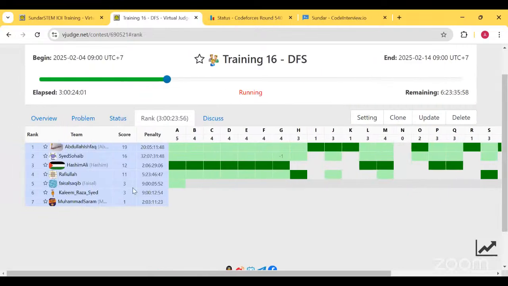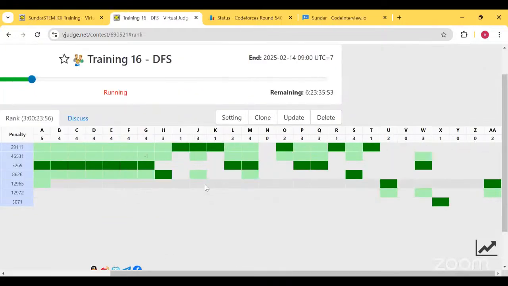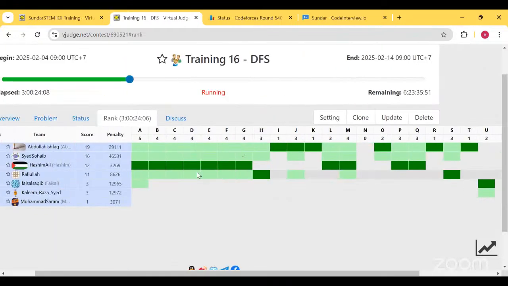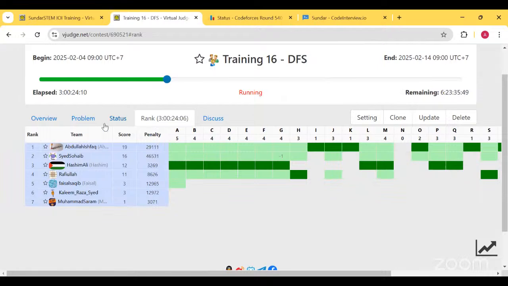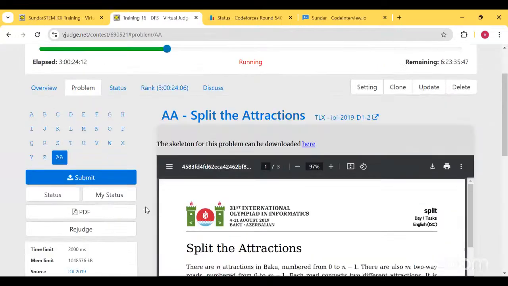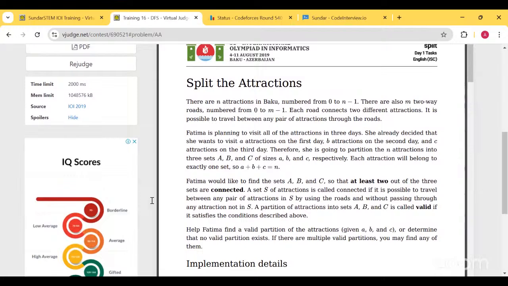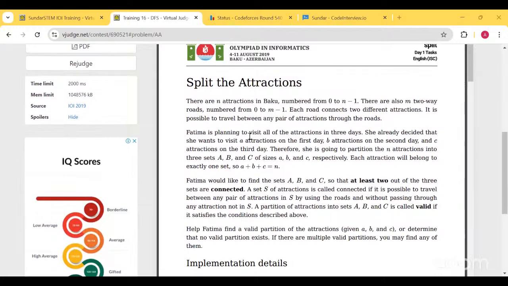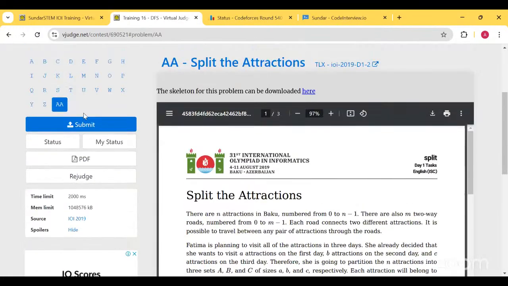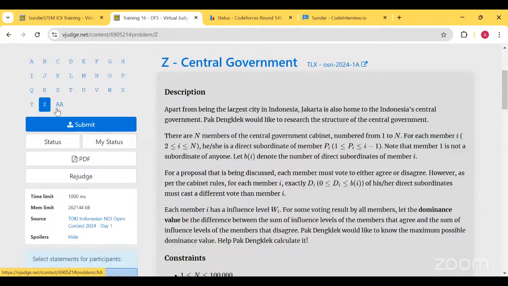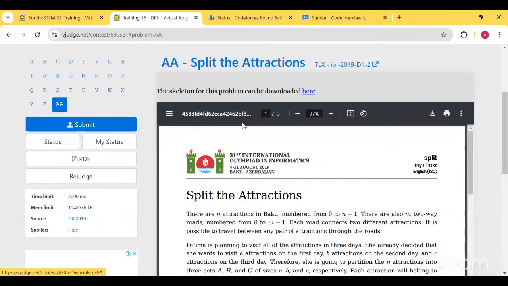Okay, sorry, maybe Faisal and Raza. So both of them are seniors, right? Maybe seniors ever discussed this problem. I think we will discuss these two problems after it.